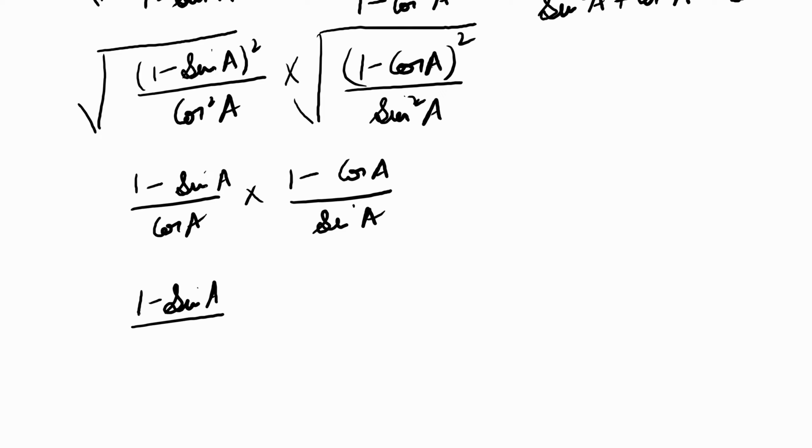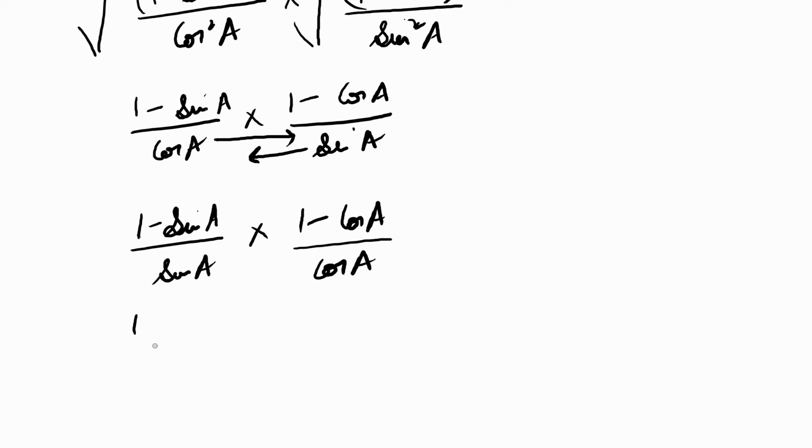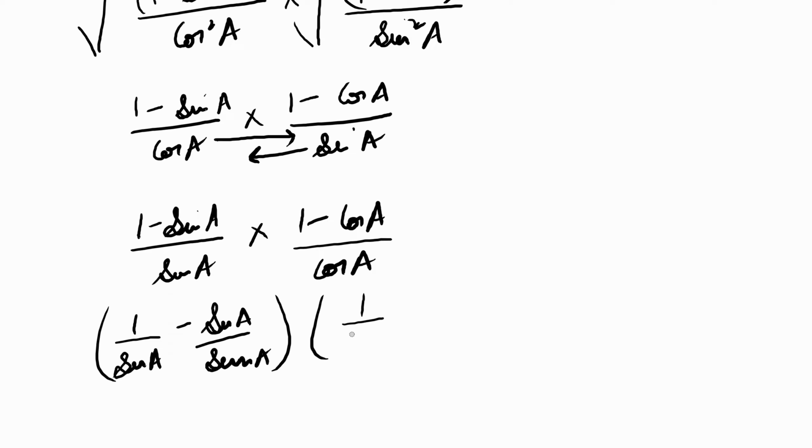We can write 1 upon sin A, and bring this one over here and this one over here, multiplied by 1 minus cos A upon cos A. So this will become 1 upon sin A minus sin A upon sin A multiplied by 1 upon cos A minus cos A upon cos A.